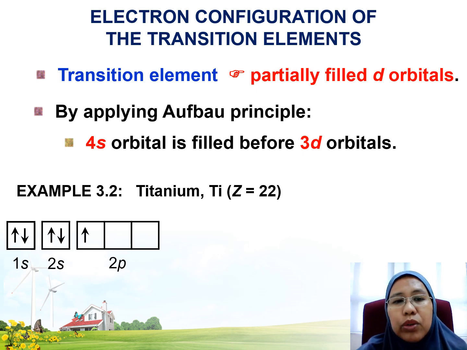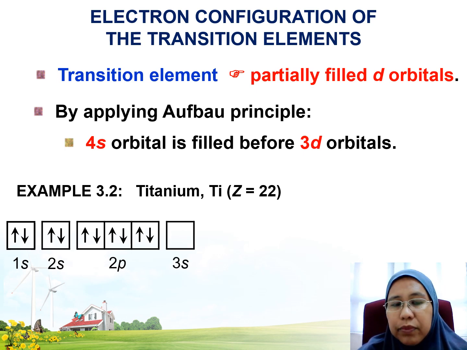Next, we are going to put electrons in the orbital 2p. P has 3 orbitals, x, y, and z. So it would be 2 electrons each. That is how you put the electron upward first and then downwards in pair.